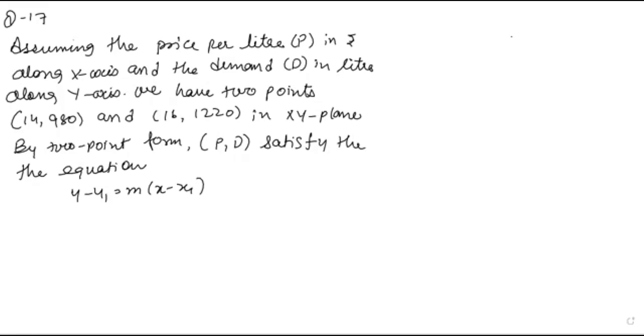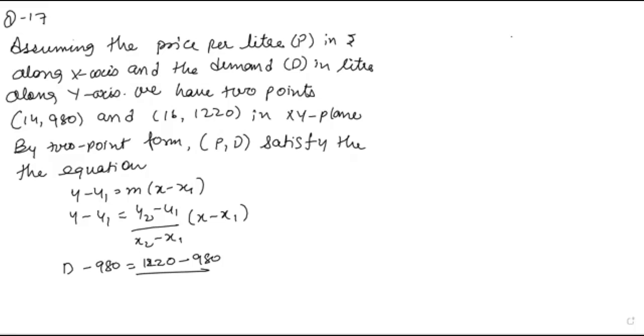This is your point-slope form, and if I keep the value of m as y2 minus y1 upon x2 minus x1, that is the 2-point form, then I will take y as D. So D minus 980 is equal to 1220 minus 980 upon 16 minus 14, into x, which will be my P, minus x1, which is 14.